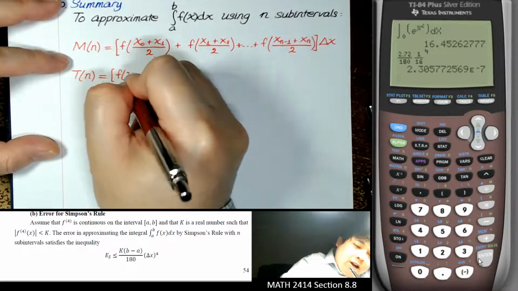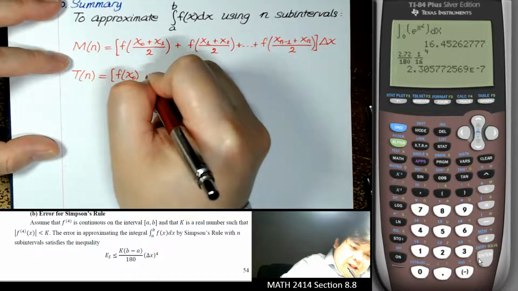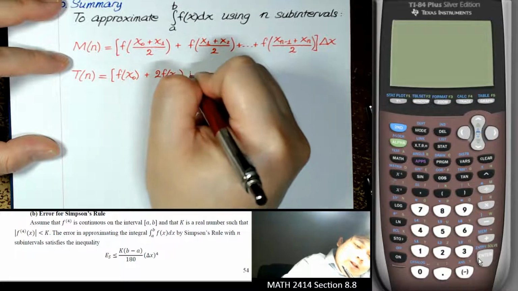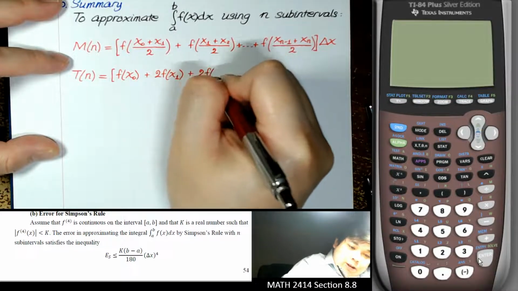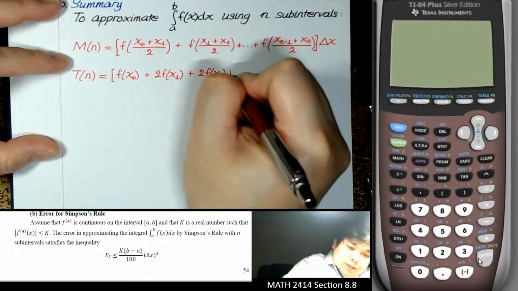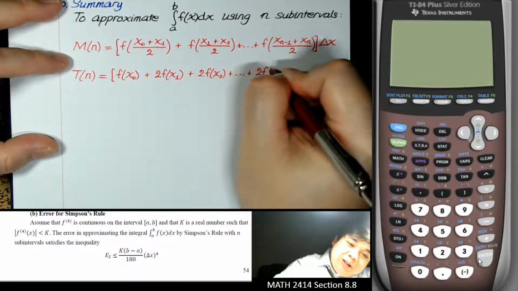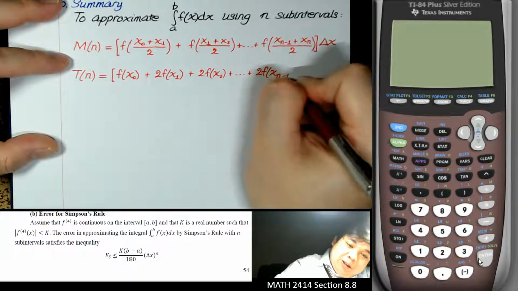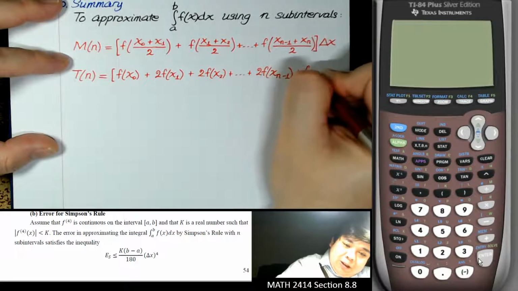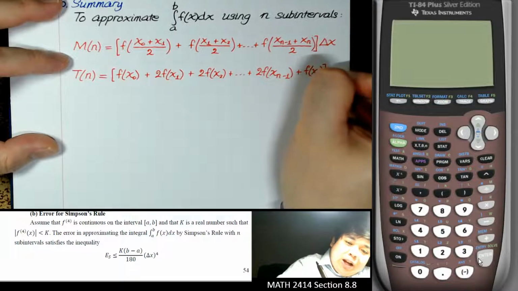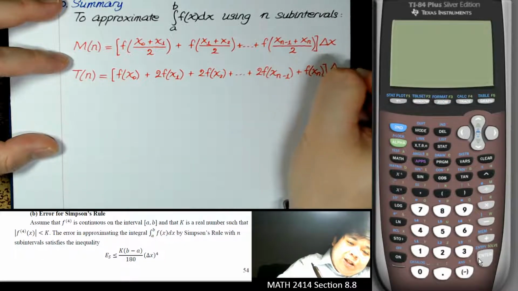We have just x0 and then 2 for everything in the middle, and 1 at both ends, delta x divided by 2.